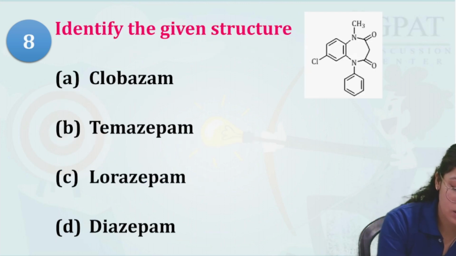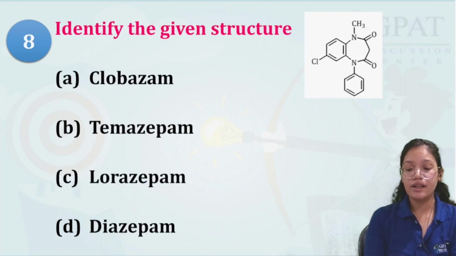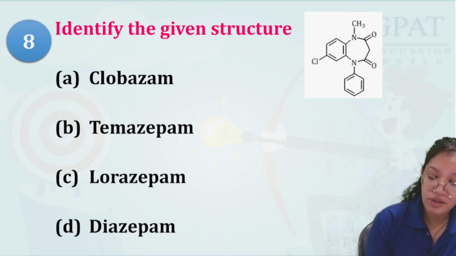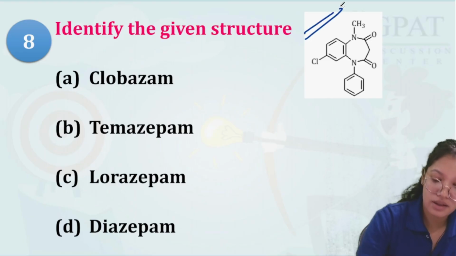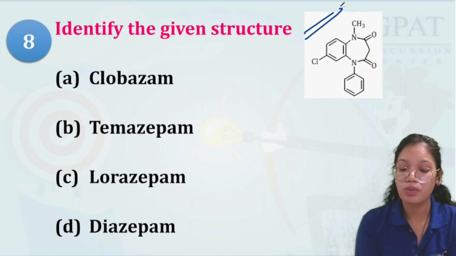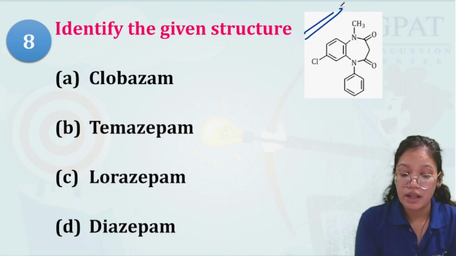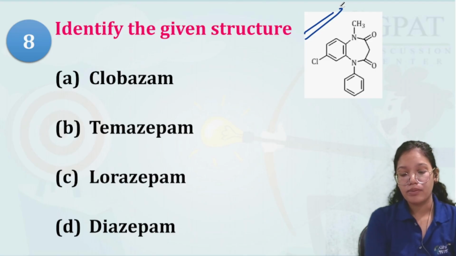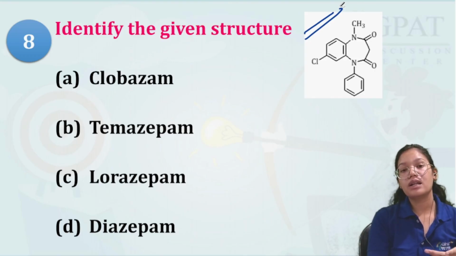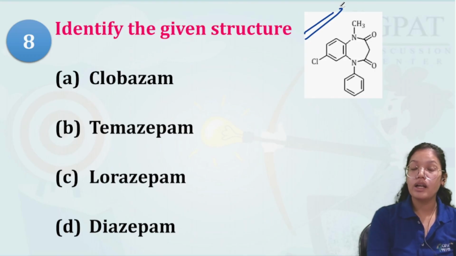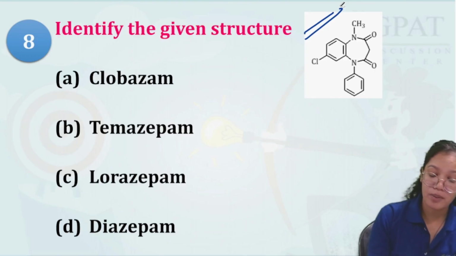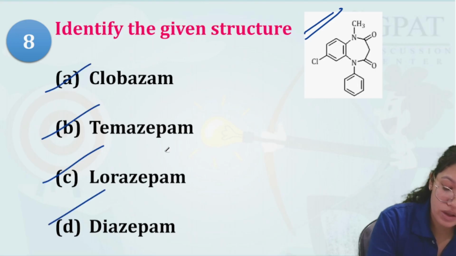C is the answer. Next, identify the given structure. They are asking which particular drug structure this is. Is it clobazam, temazepam, lorazepam, diazepam? It contains a benzodiazepine ring, so all are benzodiazepines.